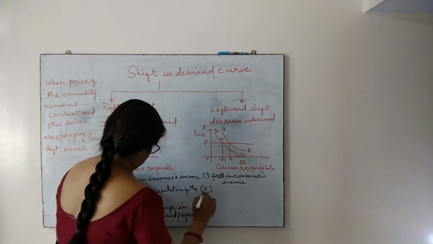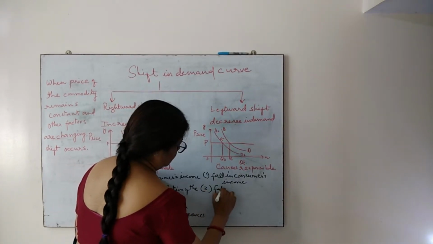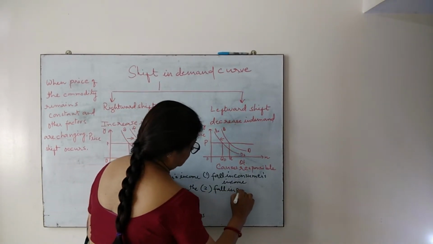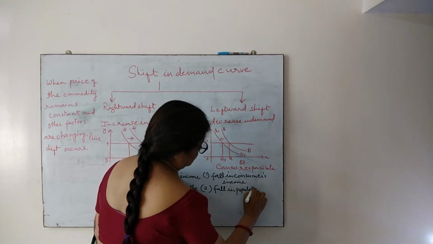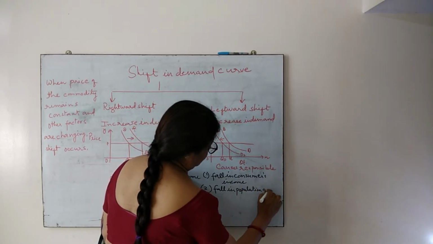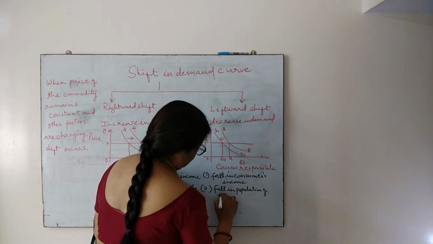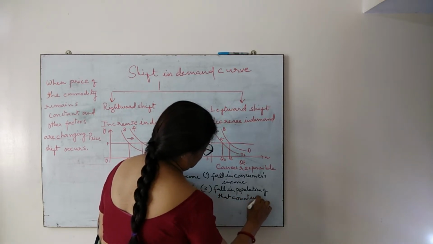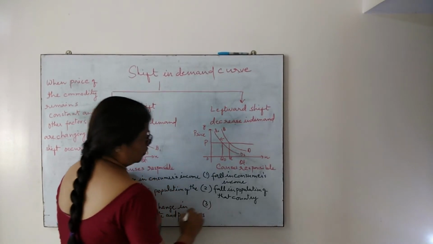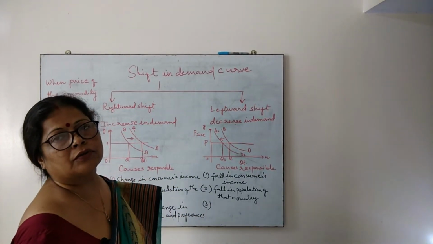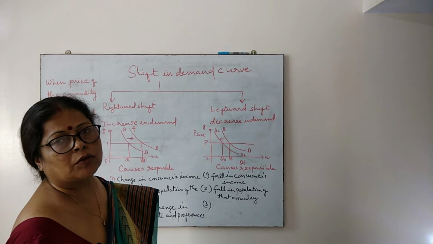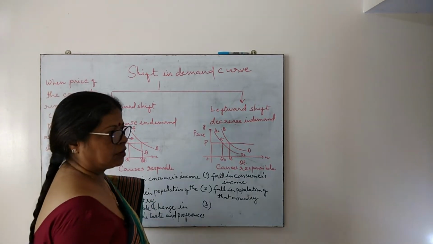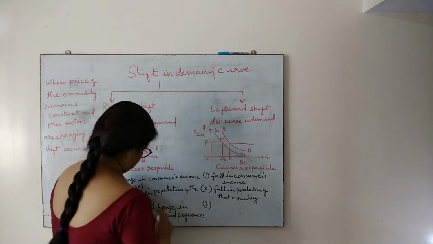Second, fall in population of that country. So when population falls, then also demand for that product will fall, because fewer people will be demanding that good, price remaining constant.